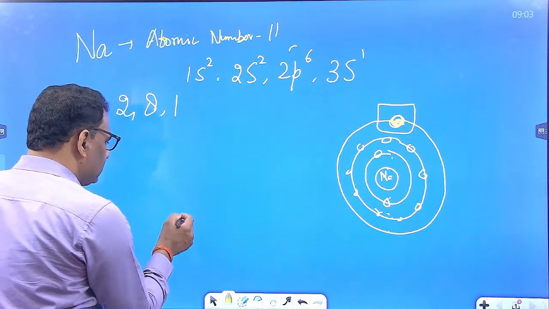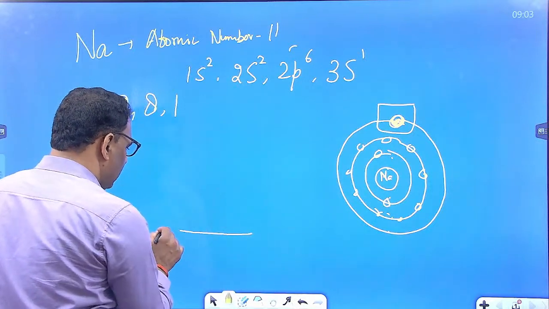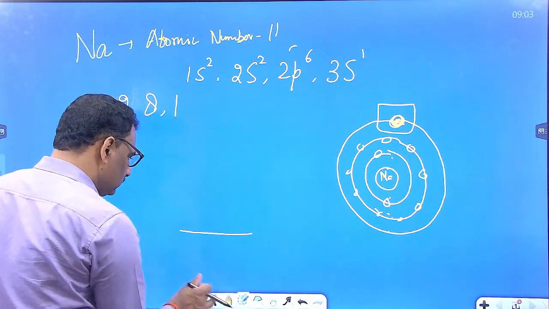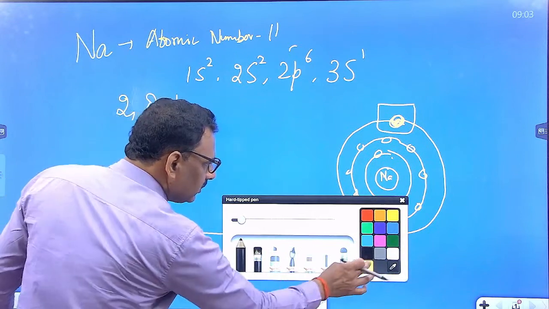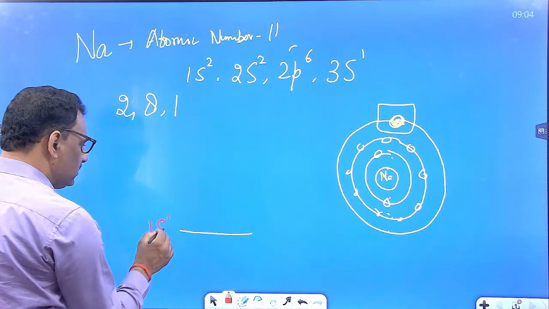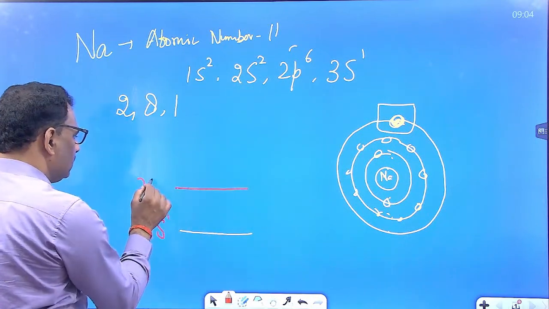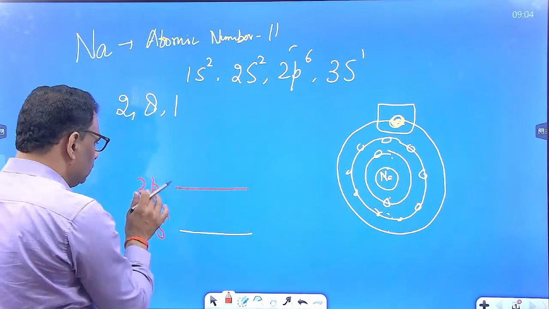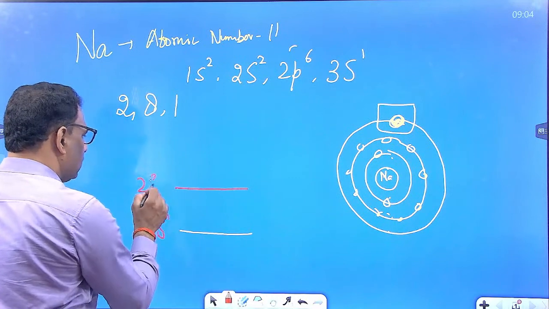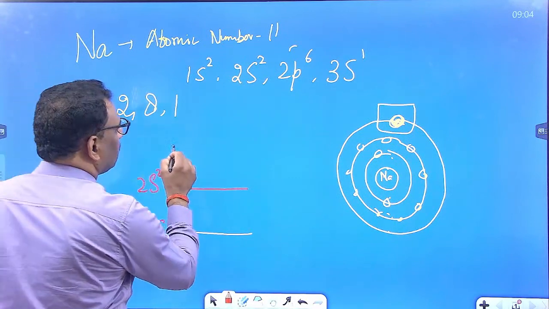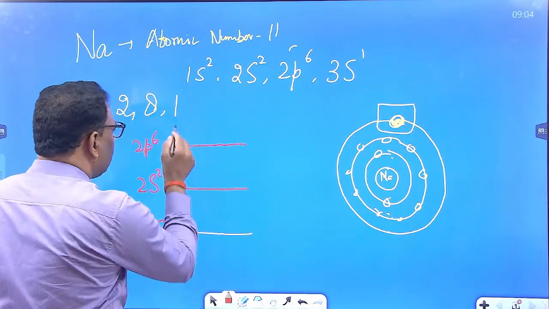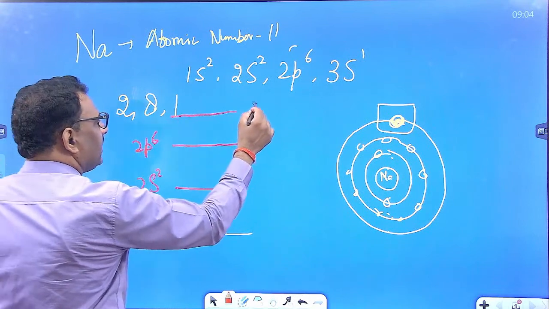So these have a particular energy, so they are known as energy levels. We can also define like this for sodium: 1s2, 2s2, 2p6, and last one is your 3s1.